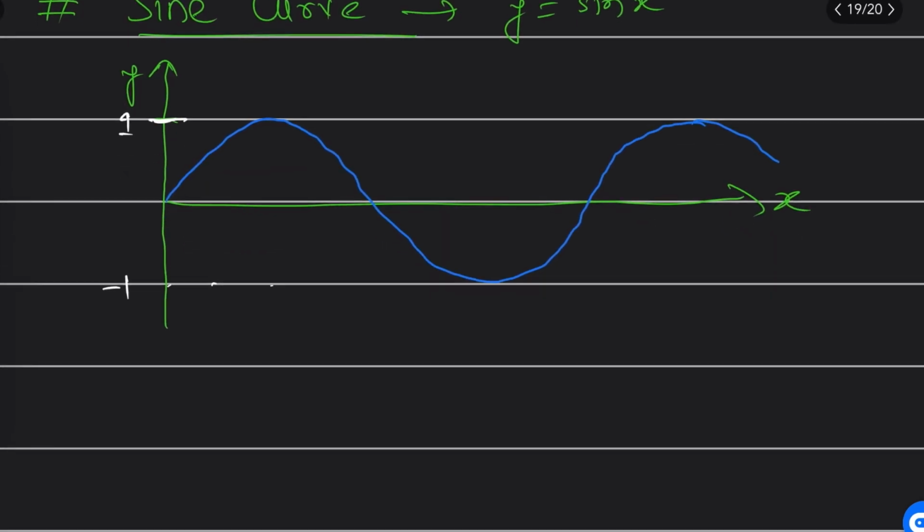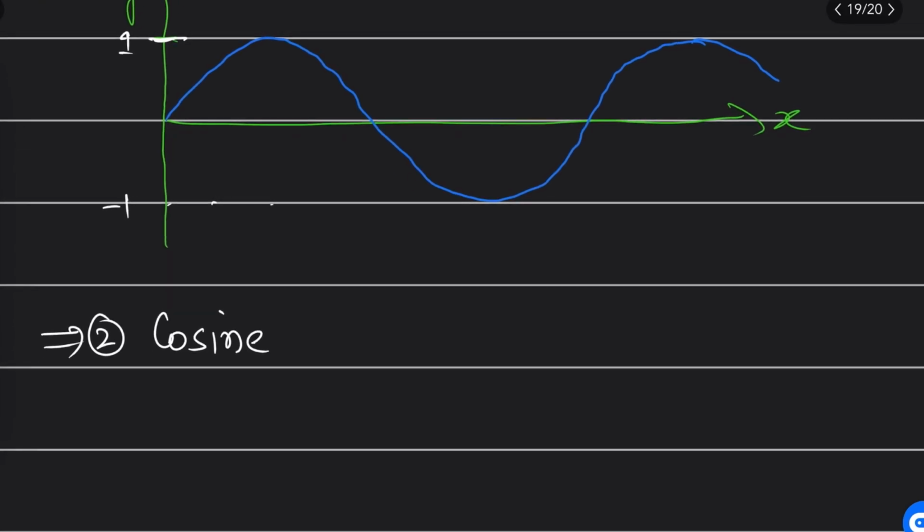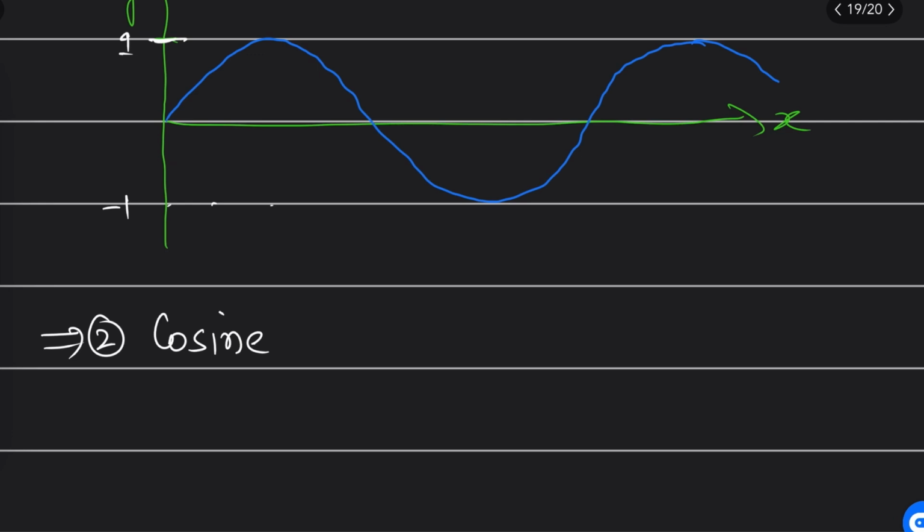If I'm talking about the cosine curve, okay, now let me discuss the cosine curve. This is the sine curve first, second is the cosine curve. Sine and cosine curves are going to be useful in math and most of physics, most of the time. The tan curve is not important.